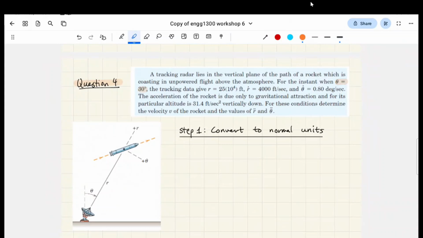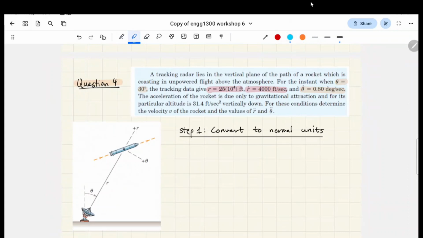We know that the radius is measured to be this, in feet. The radial velocity is 400 feet per second, and the angular velocity is 0.8 degrees per second.